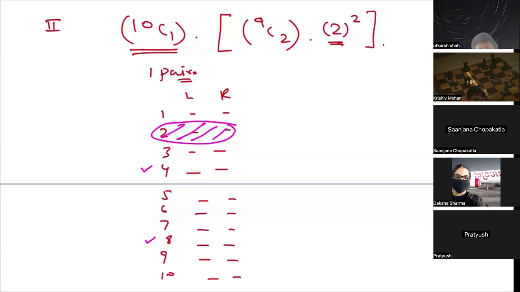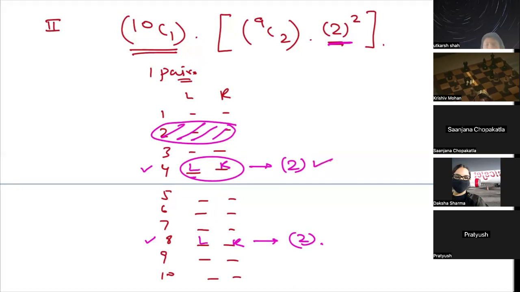From these 2, I have left and right. So if I'm selecting from this, I have 2 options. From this again, I have 2 options. So I'm writing 2 square options. From this, either I can select left or right. From this, either I can select left or right. So this could be your answer.